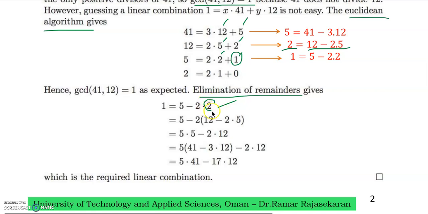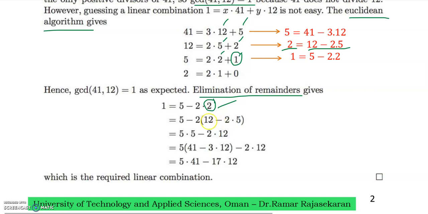So 5 minus 2 multiplied by 2 is replaced by 5 minus 2 into (12 minus 2 into 5). Now multiply by 2: that gives 2 into 12, and minus 2 into 5 becomes plus 4 into 5.